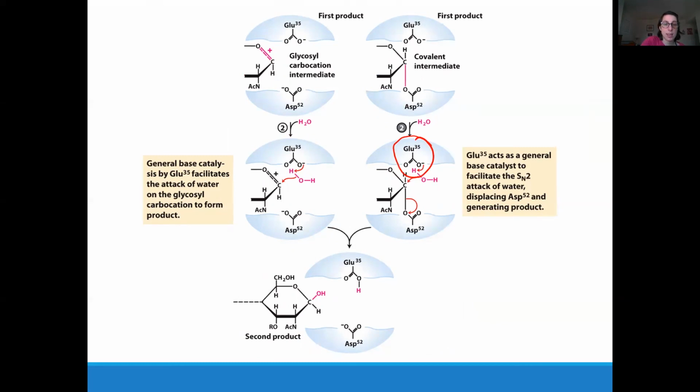And in doing that, it will then react with the second half of the sugar, helping to break that covalent bond with the aspartate. And in doing that, we've now regenerated our original enzyme state, right? Glutamate is back to its state and aspartate is back to its state. And we have both of our products that have now been formed.